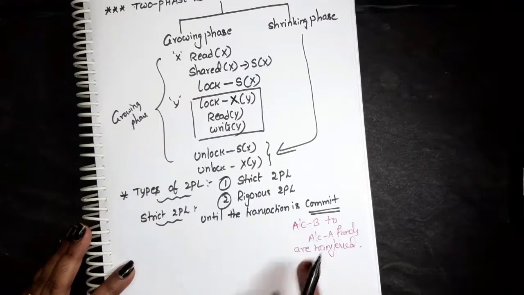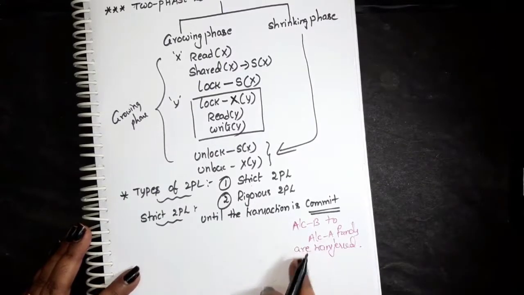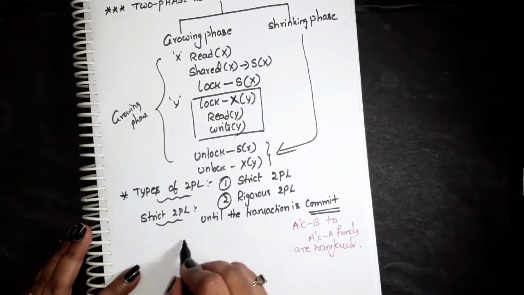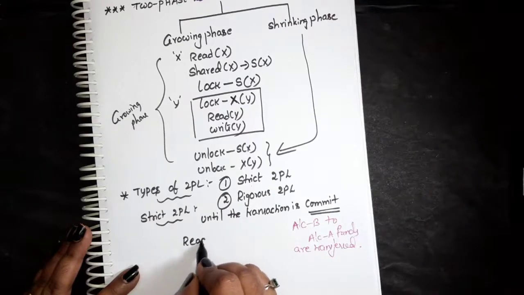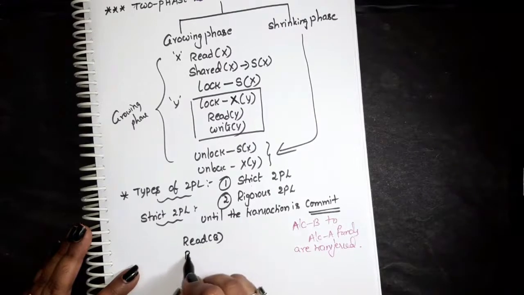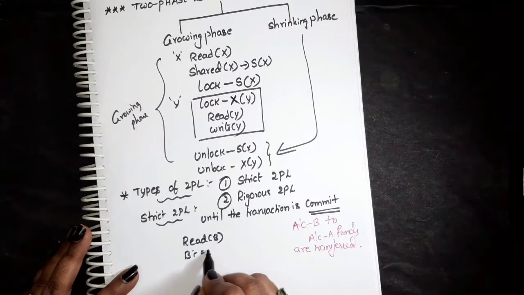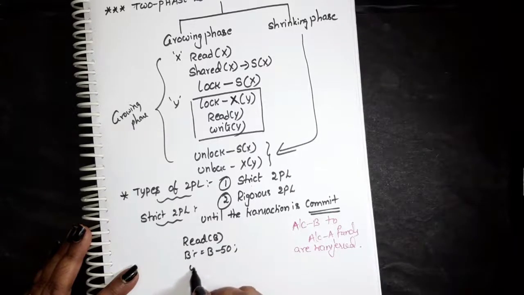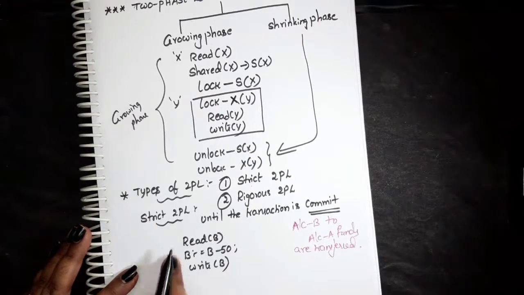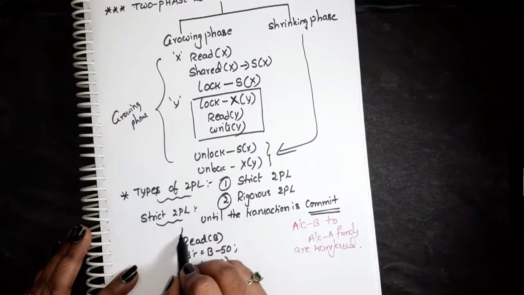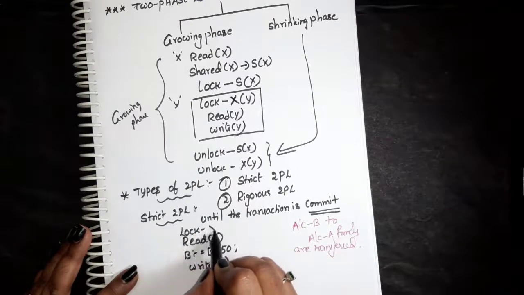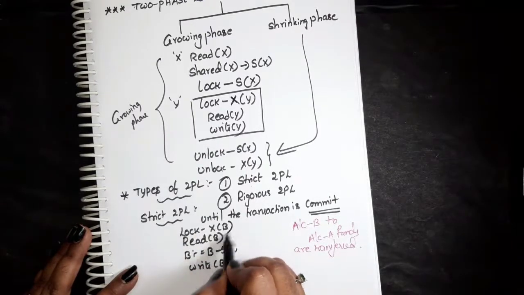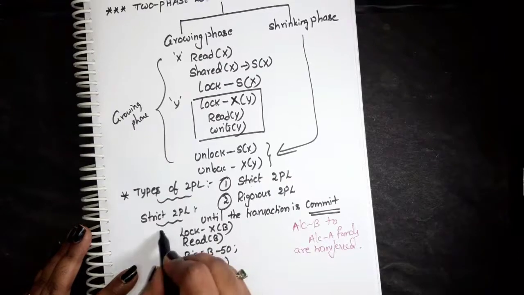You read B and the funds are transferred. Already we saw that 50 rupees is transferred from account B to account A, and finally you write B. So you are performing read and write operations. Which lock do you place? An exclusive lock on the data item B.